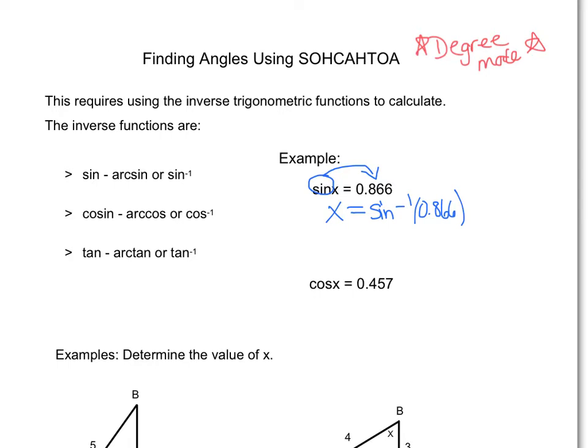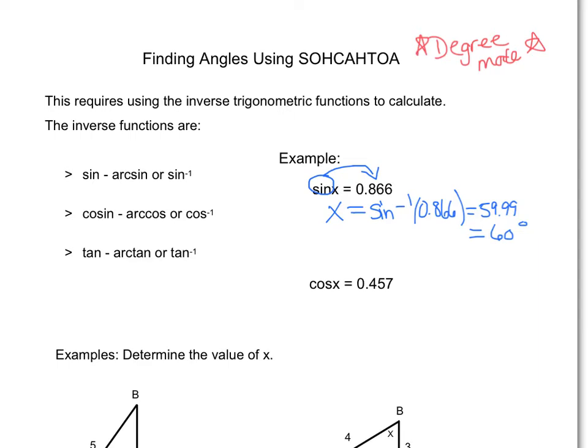Go ahead and try it. You should be getting this number, 59.99. Well, it's so close to 60 that we can round that to 60, and it's degrees, because this x here represents an angle. Remember, it's always our trig function and an angle. So here the angle we would be finding was 60 degrees.